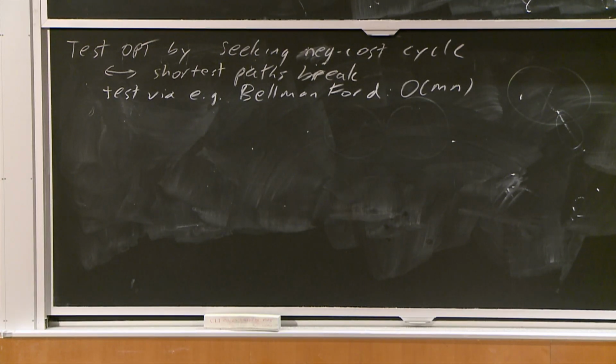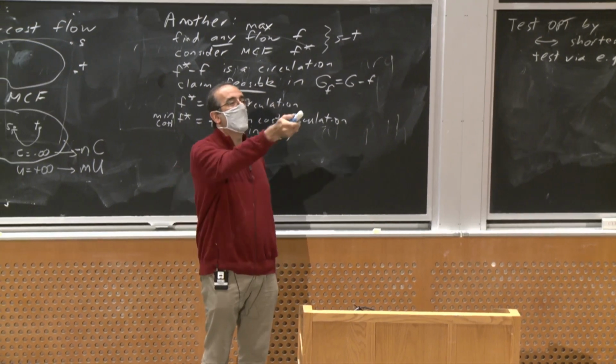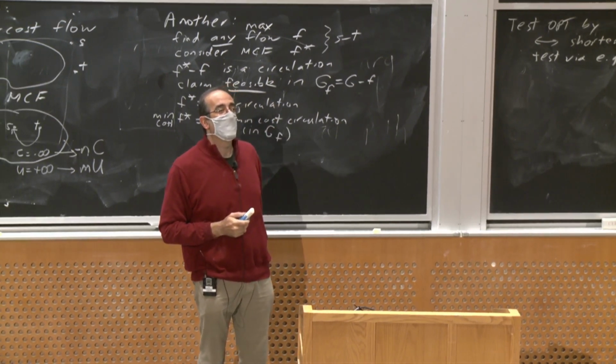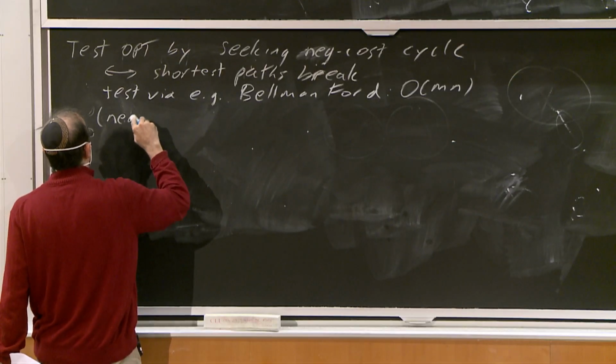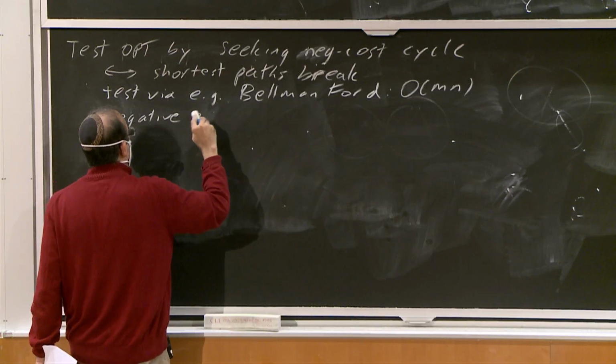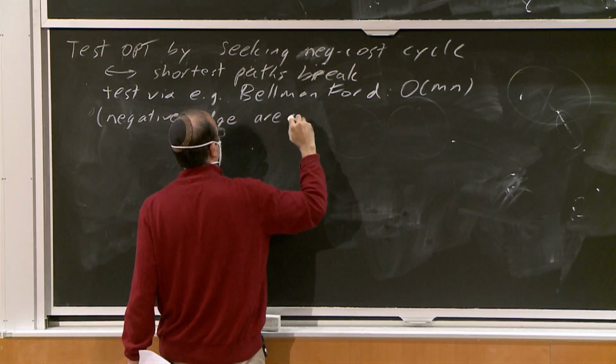Okay? Now, why didn't I suggest using Dijkstra's algorithm? Yes? Dijkstra's algorithm doesn't work with negative edges. Right. So negative edges are a problem for Dijkstra.